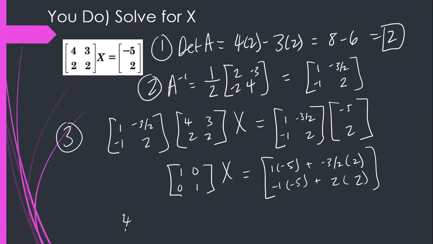Okay, so step 4, that means x equals negative 5 minus 3, which equals negative 8, positive 5 plus 4 equals 9.